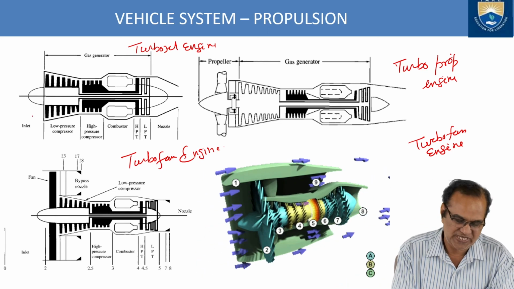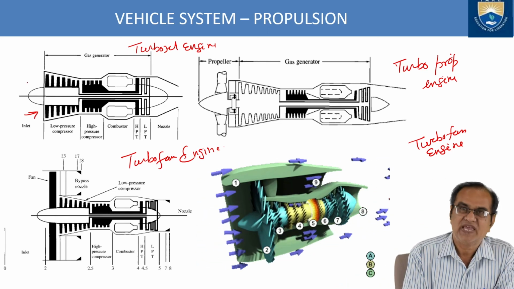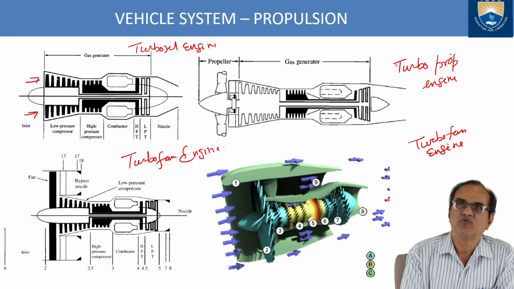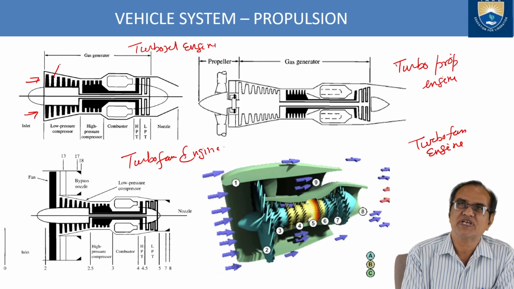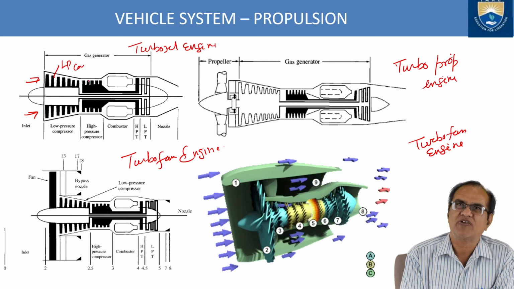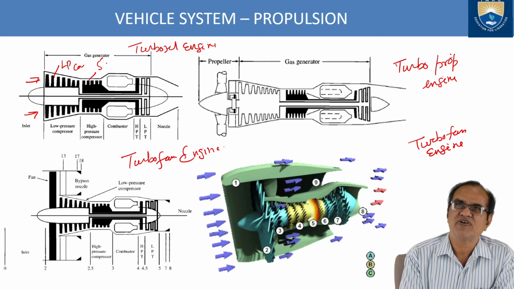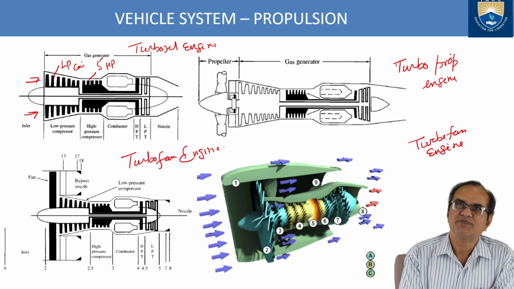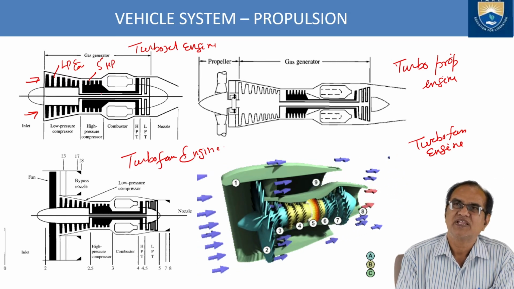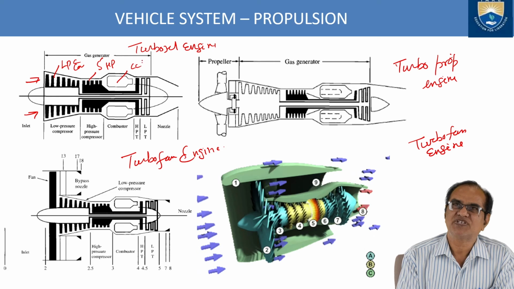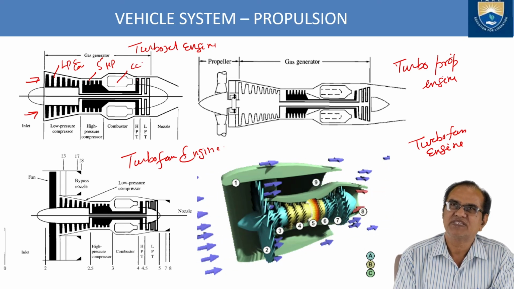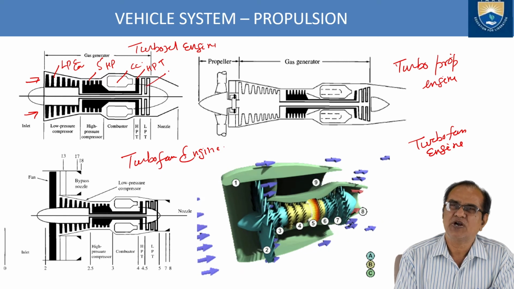Here, if you see the inlet, air is entering. 1, 2, 3, 4, 5, 6, 7 is the LP compressor. Then 1, 2, 3, 4, 5, these are the 5 stages of the HP compressor. HPC, LPC. Then we have the combustion chamber. Then this is the HPT, the high pressure turbine, and then 2 stages of low pressure turbine.